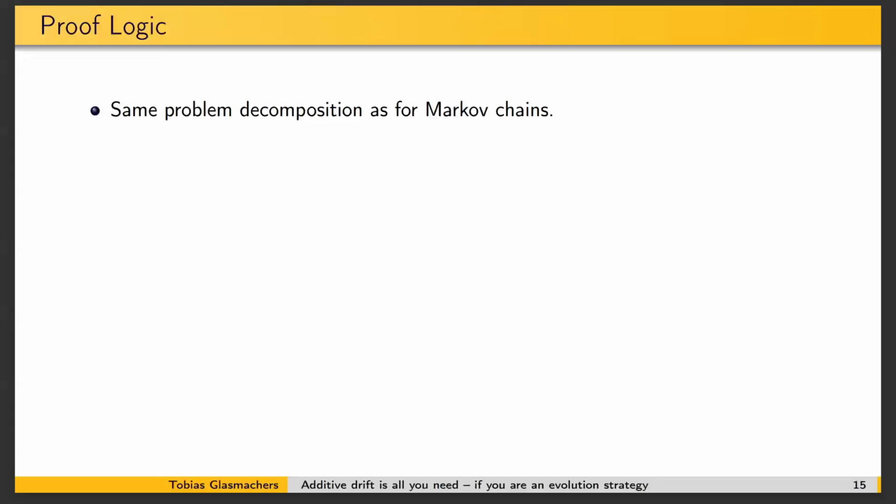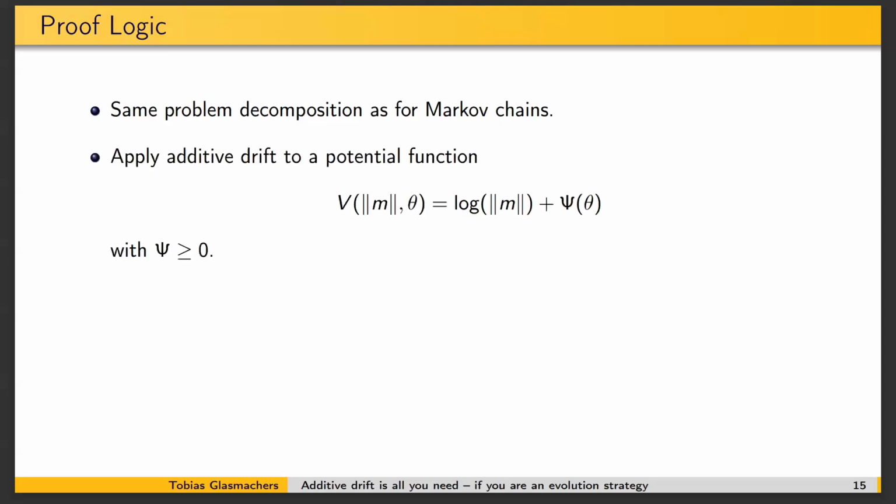And in order to do that, we start with the exact same problem decomposition you've already seen for Markov chains. So we separate this optimization progress component and this parameter adaptation component. And actually, what will be this X is a function of the algorithm state, and that is this potential function, denoted V here.